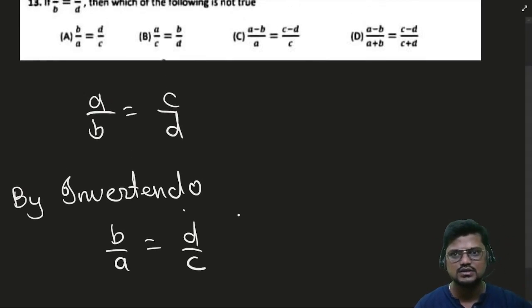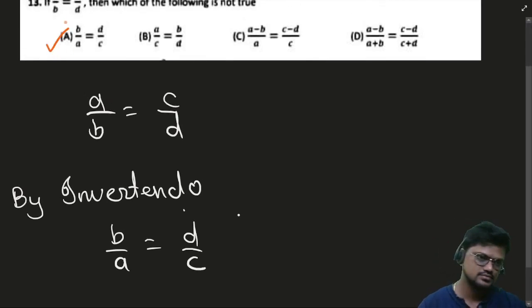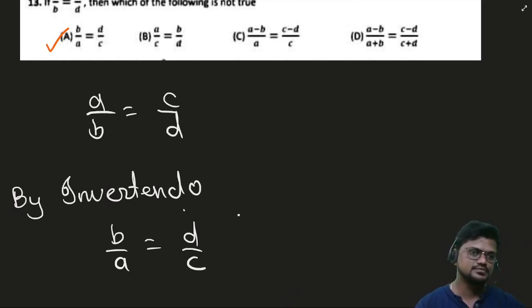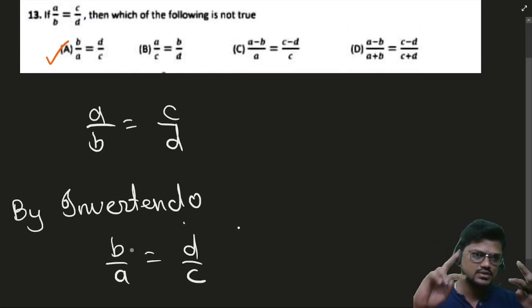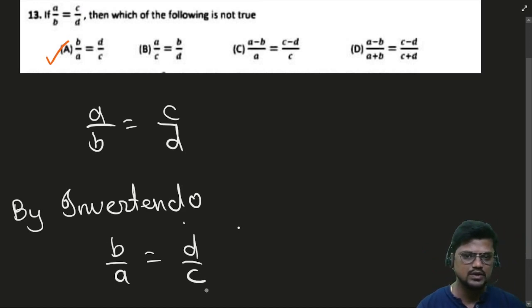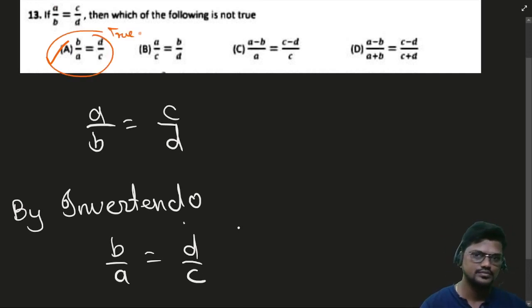That means the first option is right. Now for this question, by invertendo, the numerator and denominator can be reversed, so B upon A will be equal to D upon C. That means this first option is true. Yeah, we need which one is not true, right?